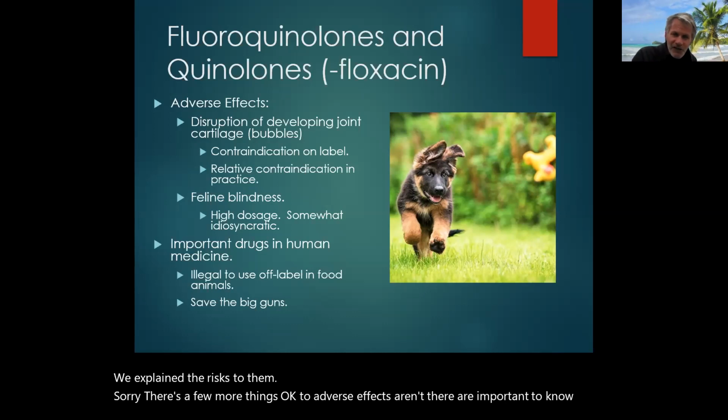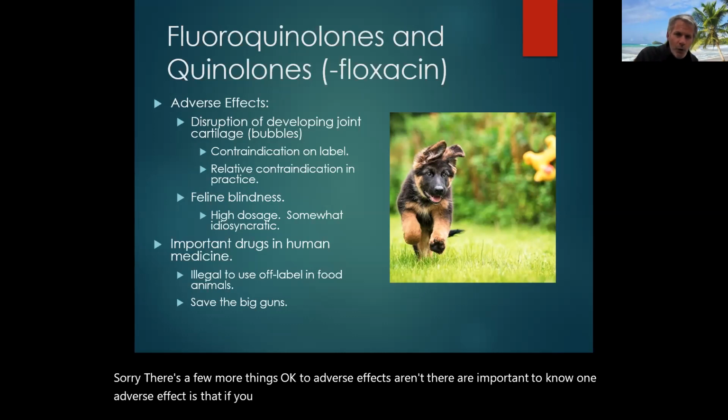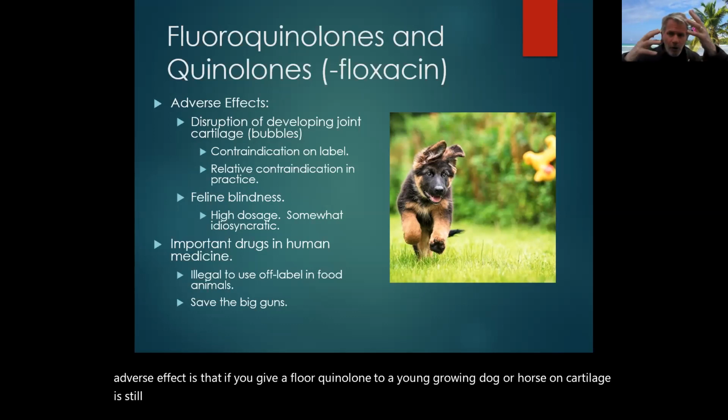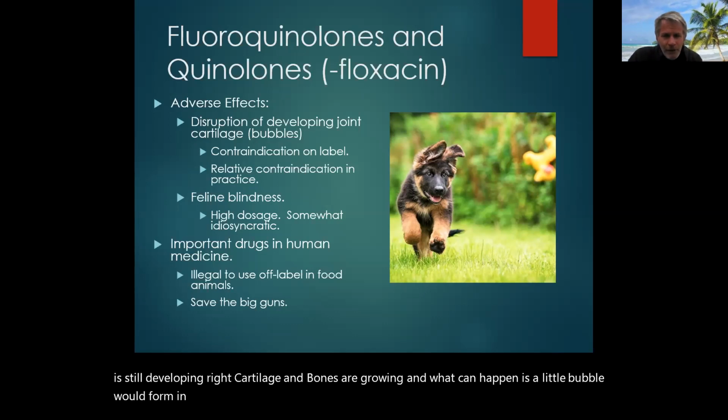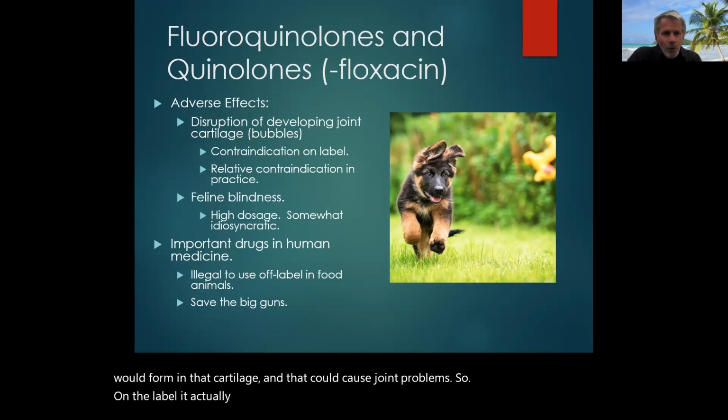One adverse effect is that if you give a fluoroquinolone to a young growing dog or horse, cartilage is still developing, right? Cartilage and bones are growing, and what can happen is a little bubble will form in that cartilage, and that could cause joint problems. So on the label, it actually says that fluoroquinolones are contraindicated in young growing, like mid-sized and small dogs, right?